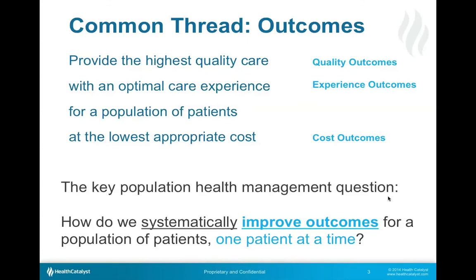And so maybe the key population health management question is, how do we systematically improve outcomes for a population of patients, one patient at a time? And so hopefully what you'll take away from today's discussion are some key concepts and principles that will help you in that journey to systematically improve outcomes.